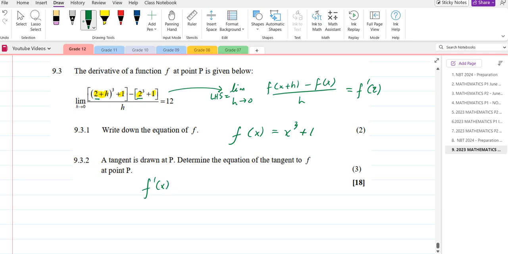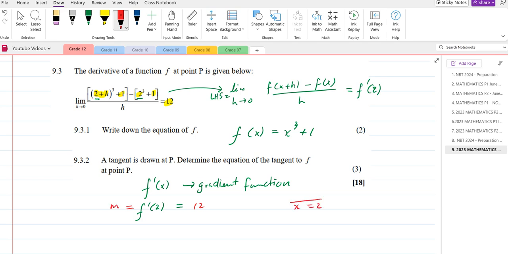So if you put values inside the gradient function, like f prime 2, either way, if you find the derivative here, you're going to get 3x squared. But they already told us that the value is 12. f prime 2 is equal to 12, so we know that is the gradient because we substituted 2. So x equals 2 is a point of interest.